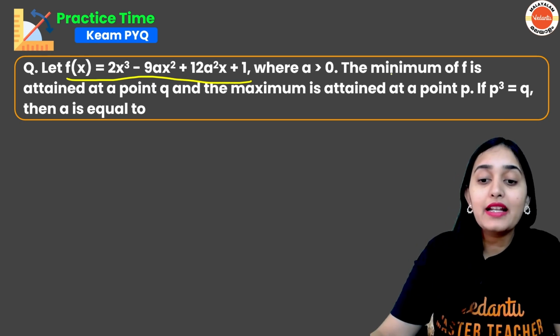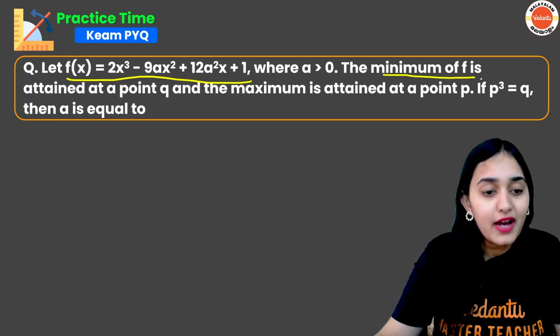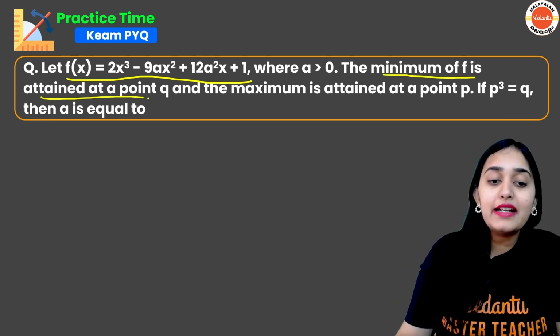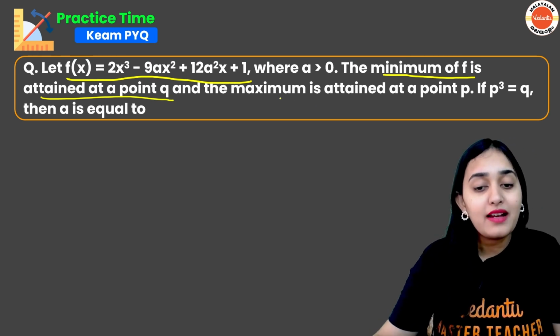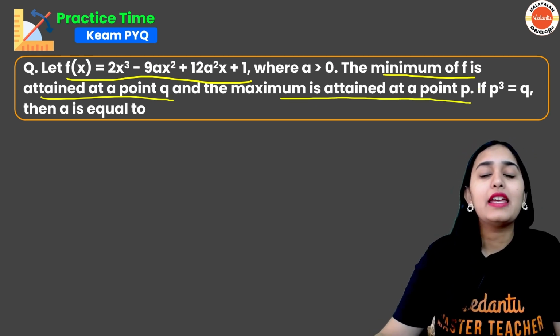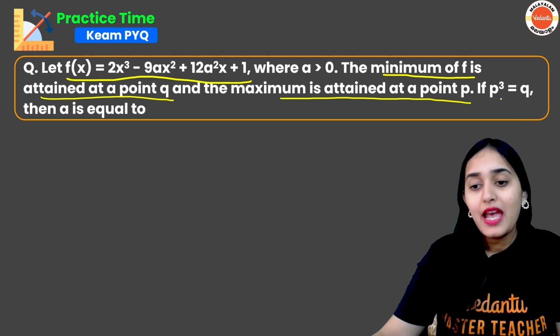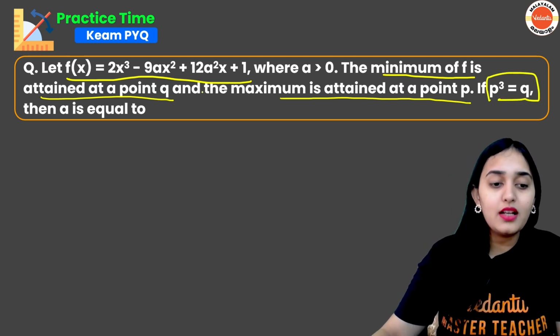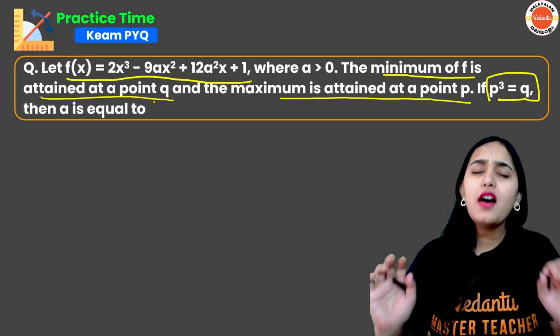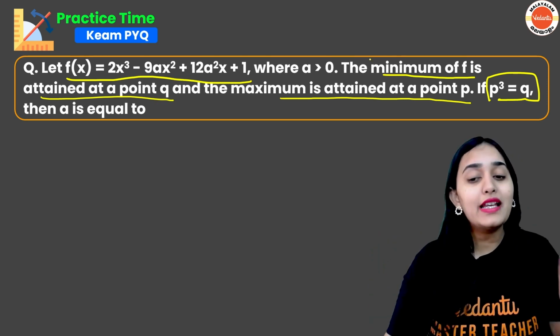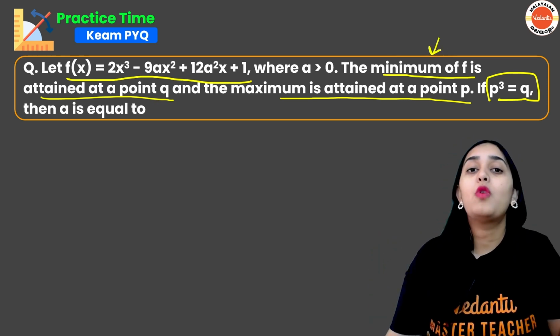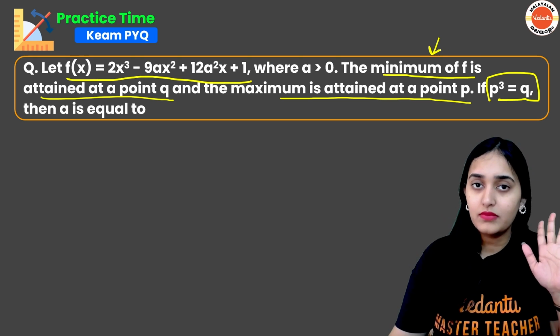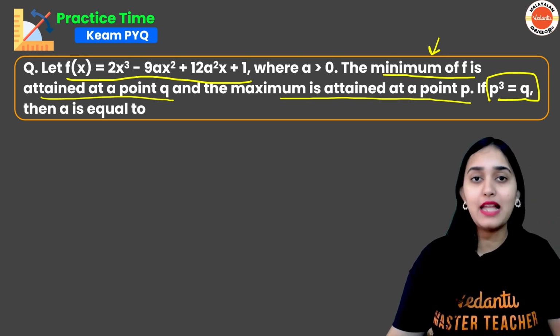They are telling that the minimum of the function is attained at point Q. The maximum of the function is attained at point P, and P and Q are related to each other. Then what is A? First, we should find out the minimum of the function and the maximum of the function. Simple.